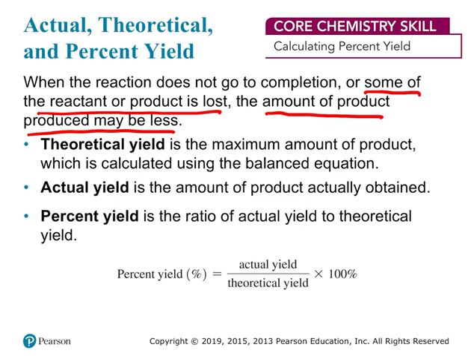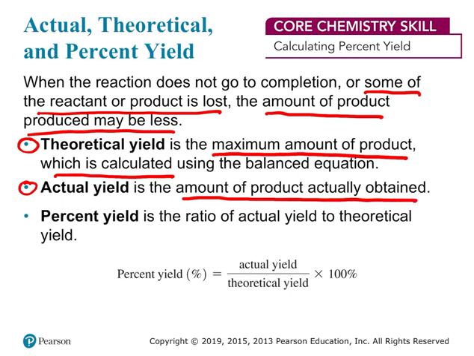So we have a few different terms here. Theoretical yield, we kind of already went over. This is the maximum amount of product that you could make based on your calculations. The actual yield is the amount of product you actually make.